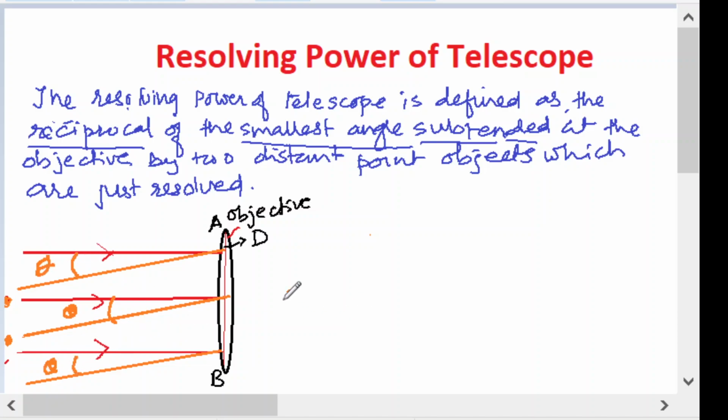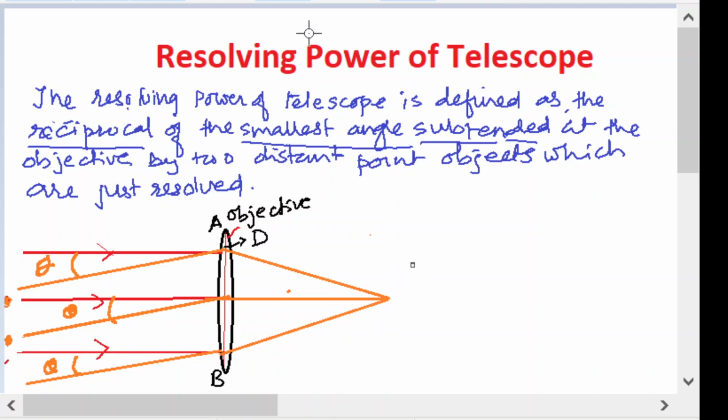Now when these rays, the orange and red color rays, come and enter the objective lens, what will happen? They will go straight and reach the focus, and they will join together at this point.